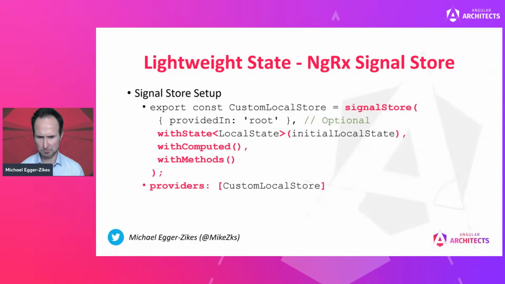It could be the app config. It could be a provider array inside your routing configuration, for lazy loading purposes, for example. It's also fine to use the signal store on a local level. Local level in this case would mean local state management inside your generic design system, for example.